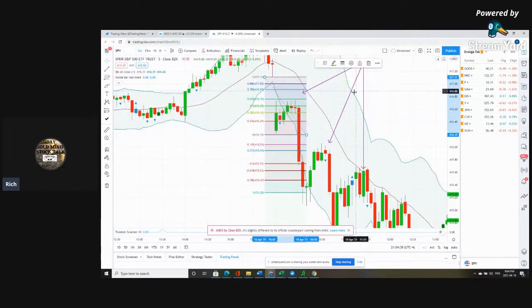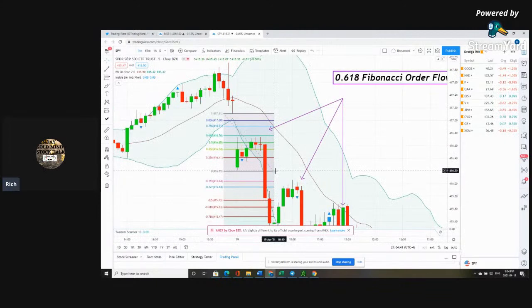Let's zoom in on this together. And we had a beautiful, beautiful 618 rejection right here. So this was the first valid short of the day. And you can see here that we had a triple wick combo, 1, 2, 3 wicks in a row, and a double doji. If this doesn't give you signs of reversal, nothing else will.